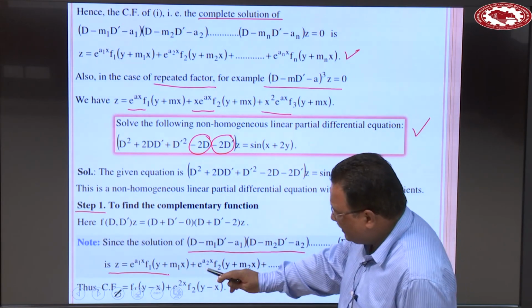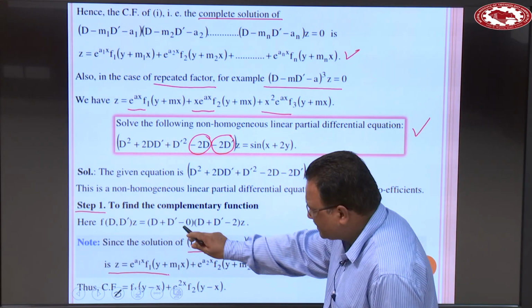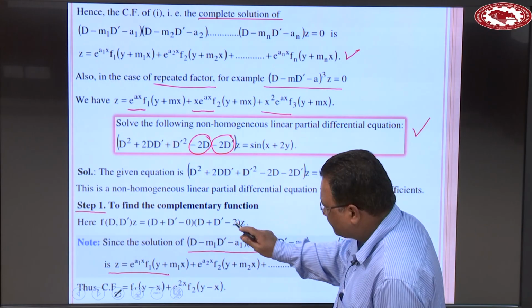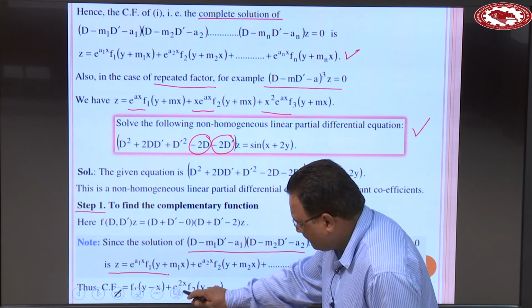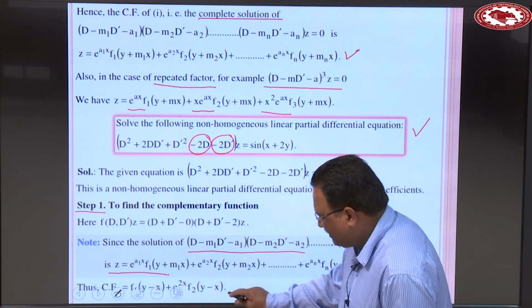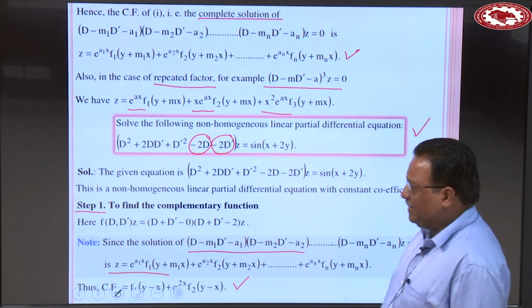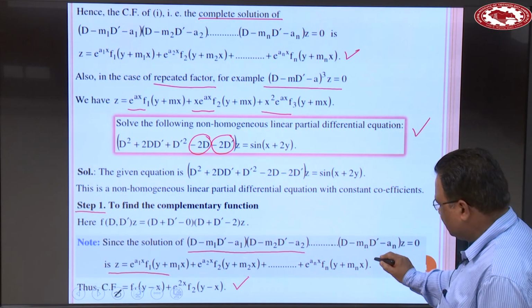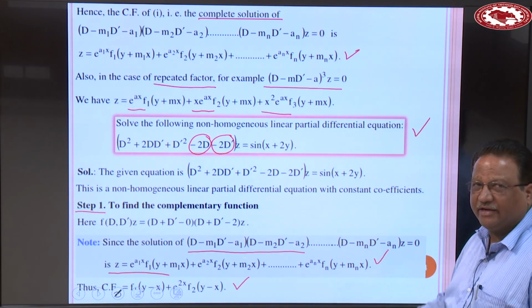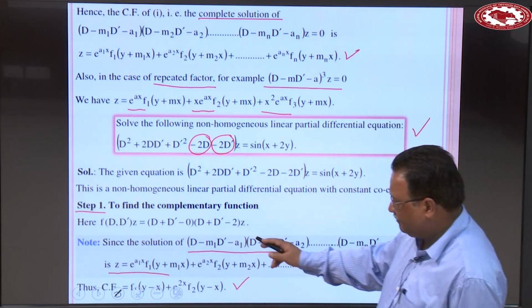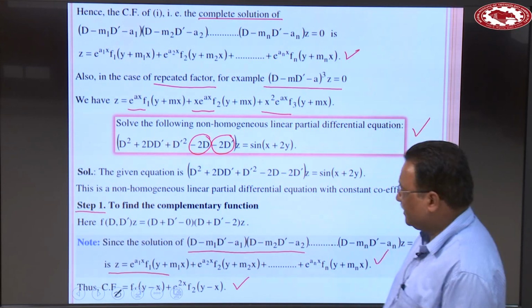So the complementary function becomes function of y minus x plus e raised to power 2x function of y minus x. That one is the complementary function for this problem.